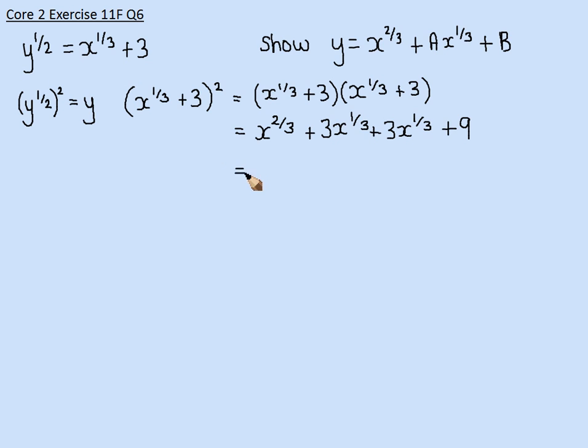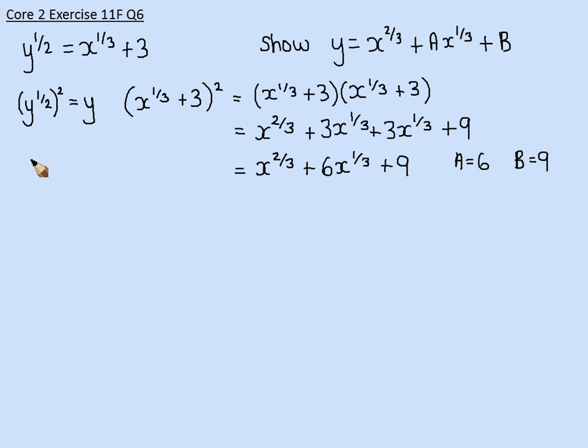So simplifying, we've got x to the 2/3 plus 6x to the third plus 9. So a is 6 and b is 9.